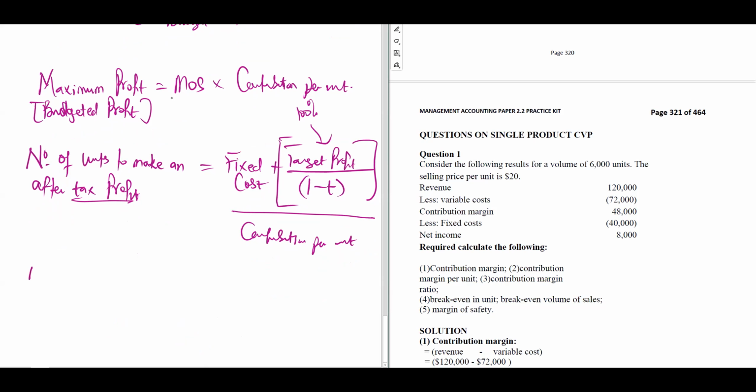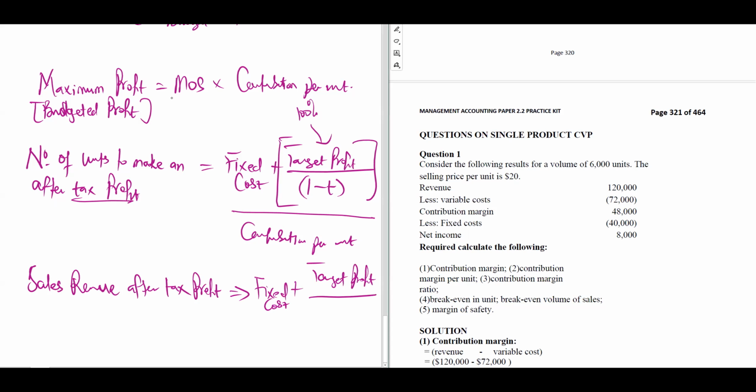If they ask you what sales revenue we can generate after tax profit, it's still the fixed cost plus your target profit, all over 1 minus the tax rate. But here, what are we going to divide by?